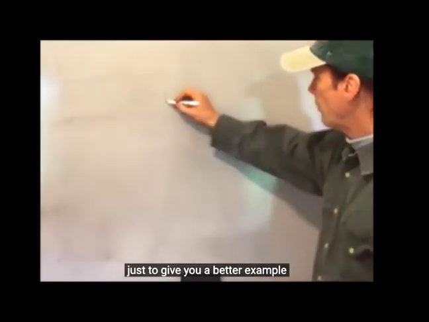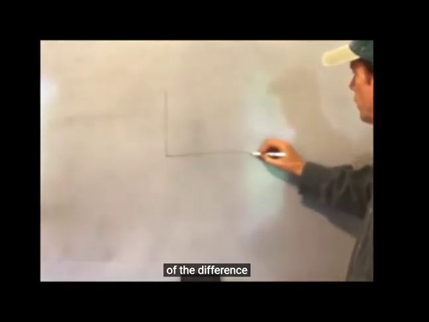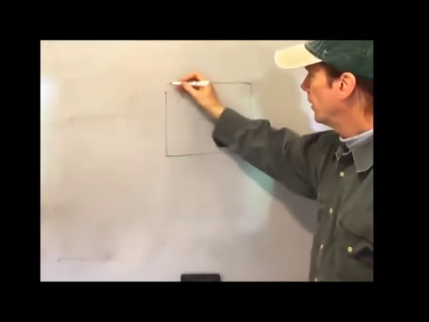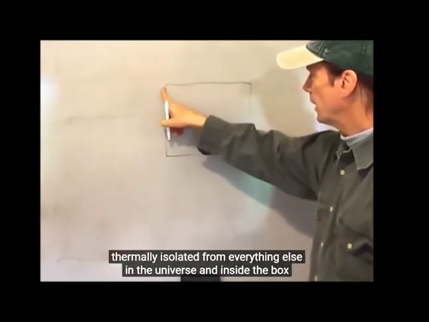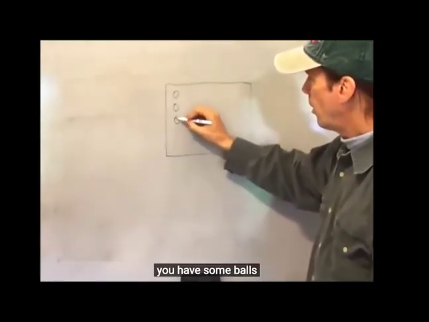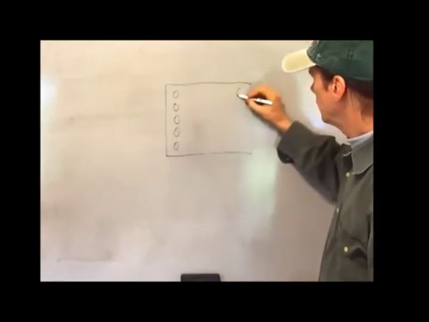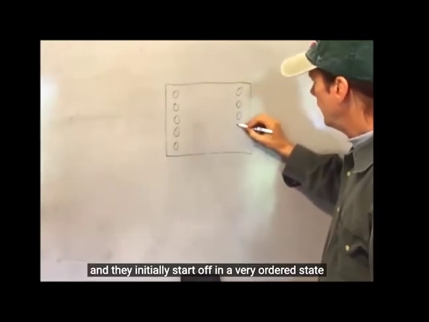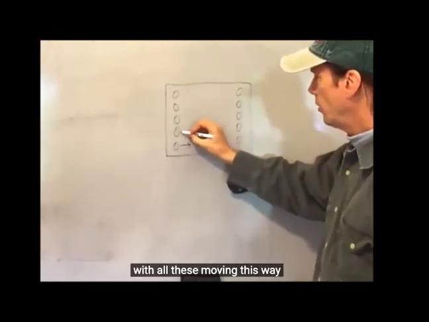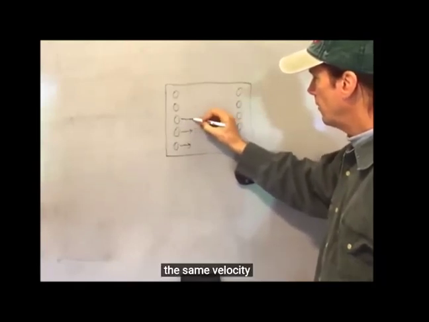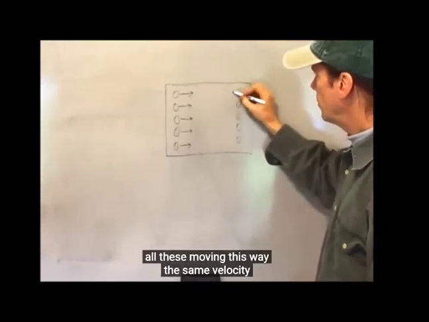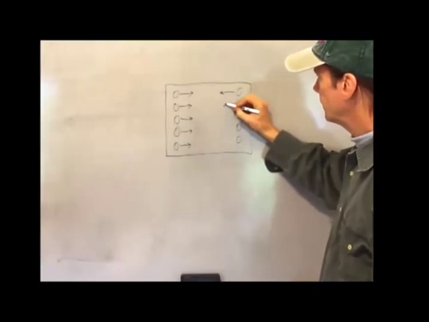Just to give you a better example of the difference, let's consider a box, thermally isolated from everything else in the universe, and inside the box you have some balls, and they initially start off in a very ordered state, with all these moving this way at the same velocity, all these moving this way at the same velocity.